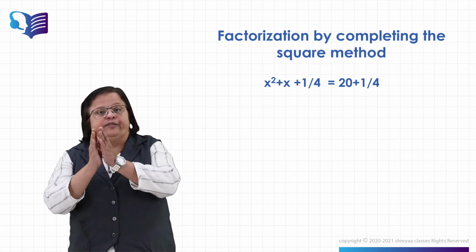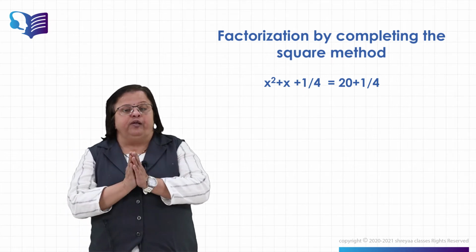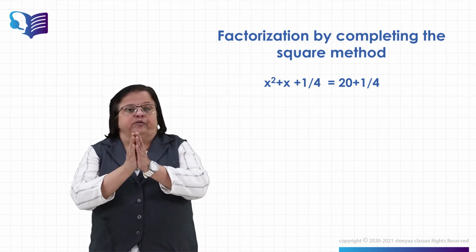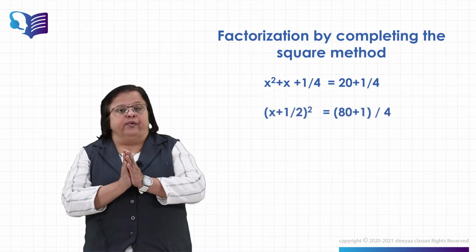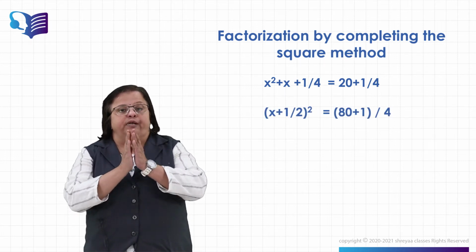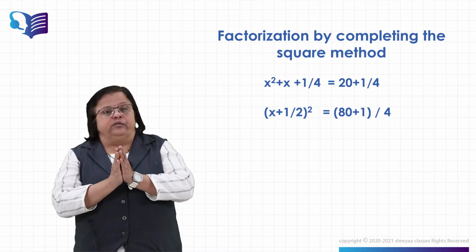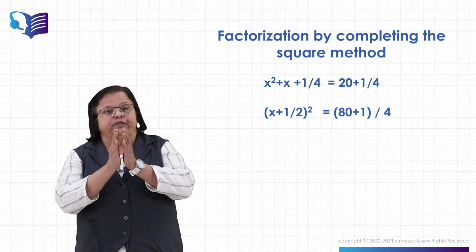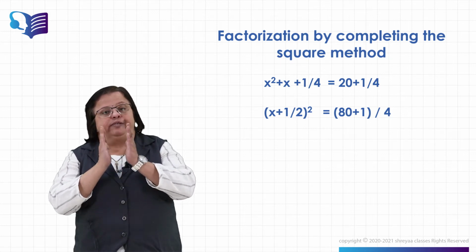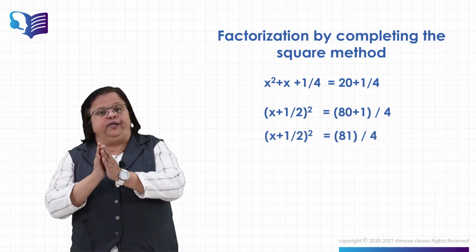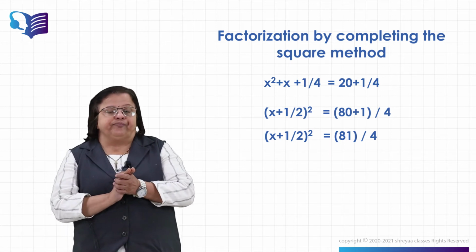This 20 plus 1/4 you have to simplify. The LCM is 4, so you multiply 20 by 4. 20 into 4 is 80, plus 1. So (x plus 1/2) the whole square is equal to 81/4.